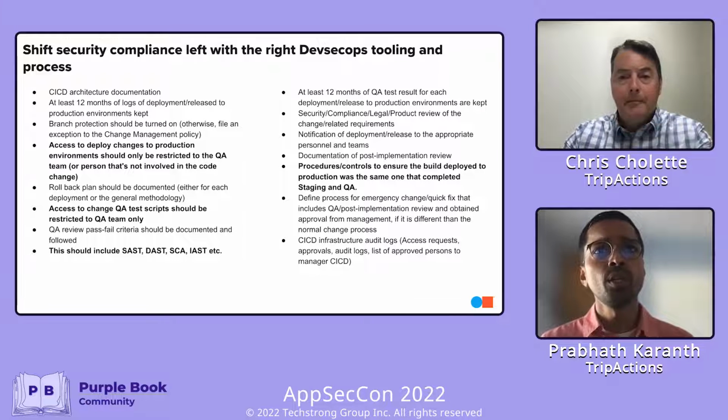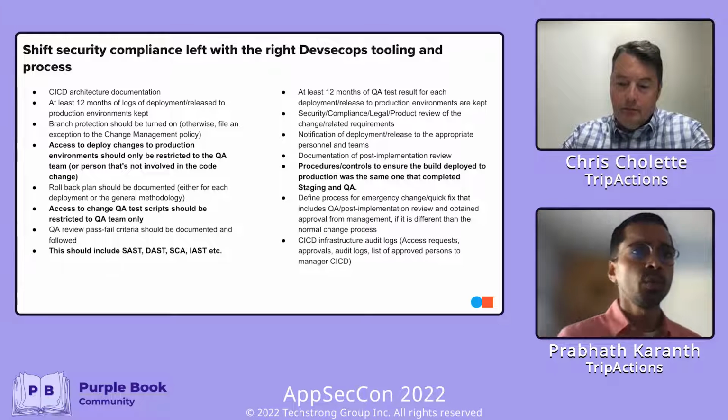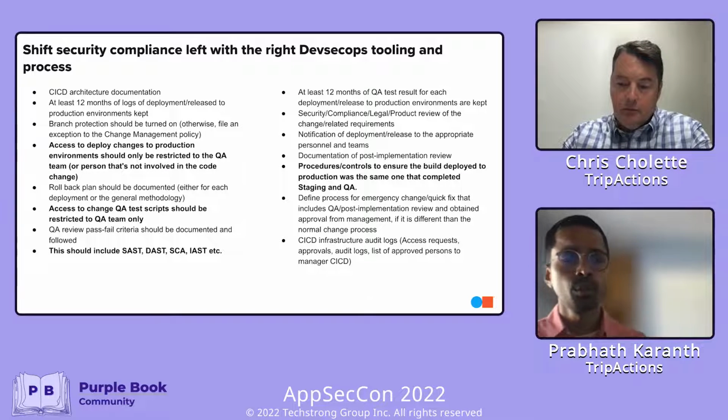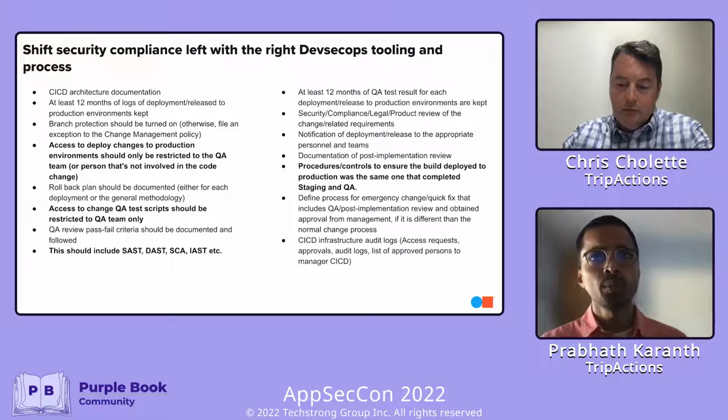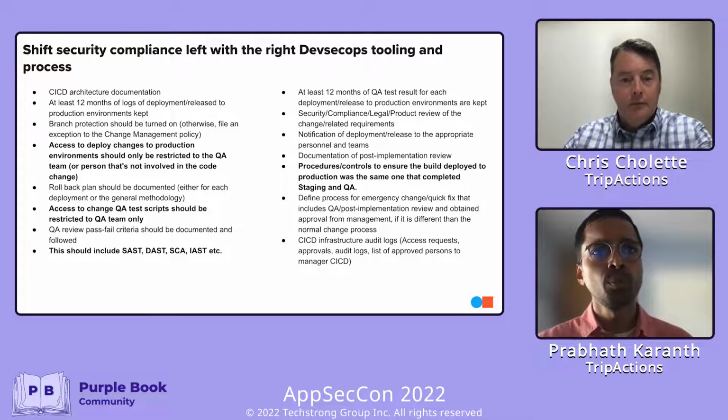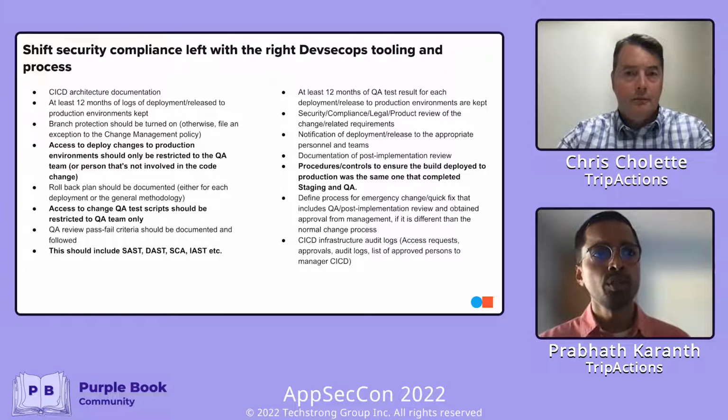Branch protection should be turned on. And then access to deploy changes to production environment should only be restricted to some teams. There needs to be some kind of segregation of duties overall so that you can demonstrate some governance around the process. A rollback plan should be documented as well, either for deployment or your general methodology, right?